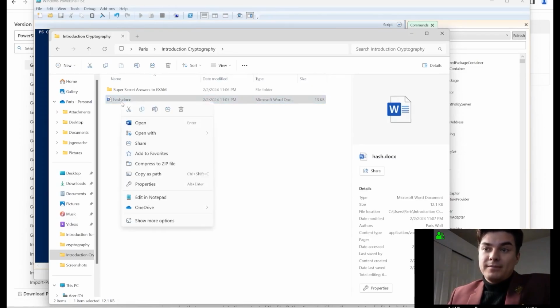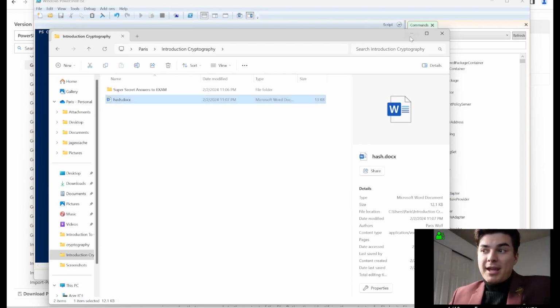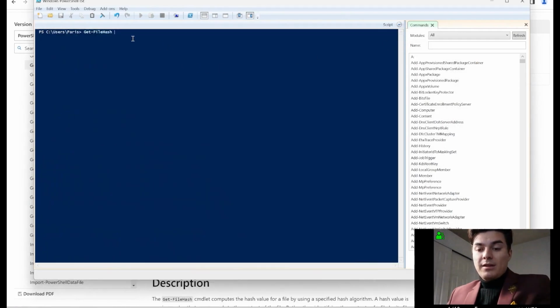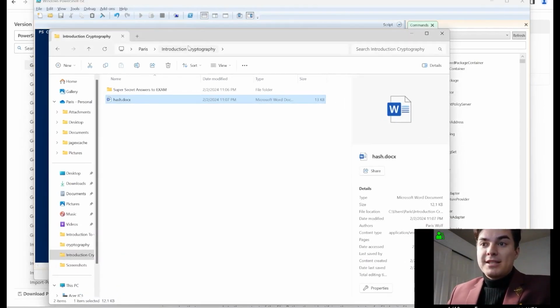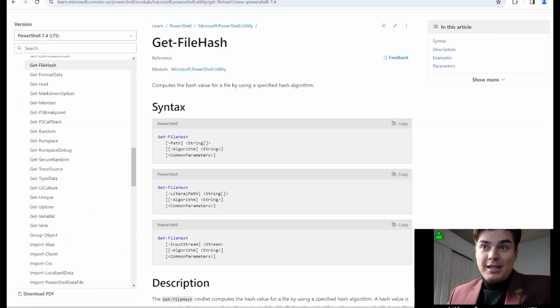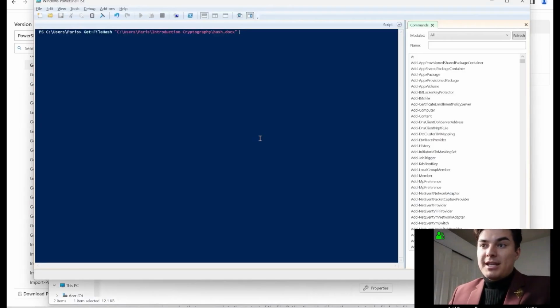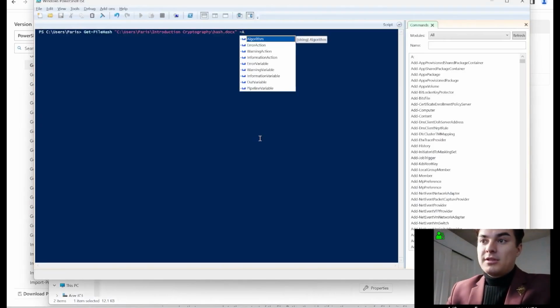I'm going to left click it, and, looking at all the options here, here it is, copy as path. So we're going to copy as path, minimize this, and Control V it into this path here. And what is the rest of this syntax? We're going to go back to the Microsoft page, and after the path you see the string. We don't need that, we just need this algorithm parameter. So let's put that in, and we start to type it out.